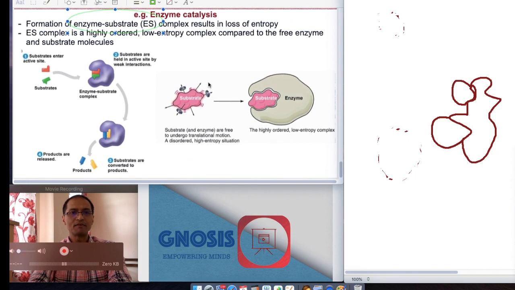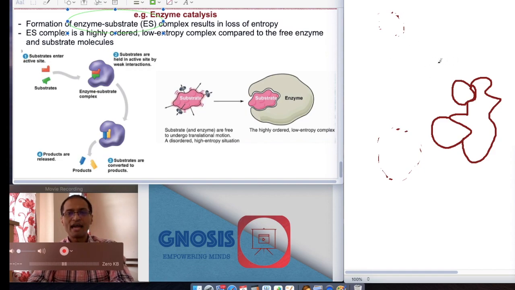And when this happens, it allows these two reactants to come closer together, and their chances of reacting become higher as compared to when the enzyme was alone and the substrates were isolated from the enzyme.